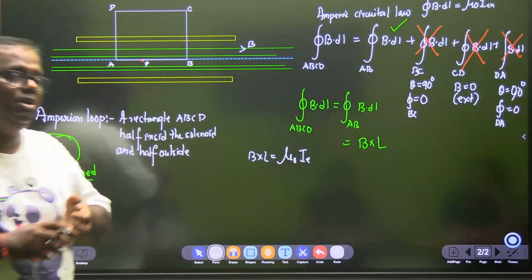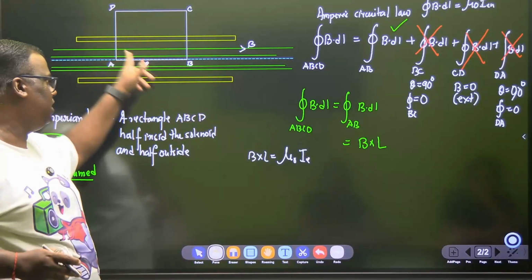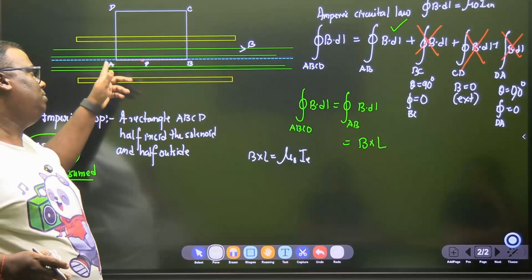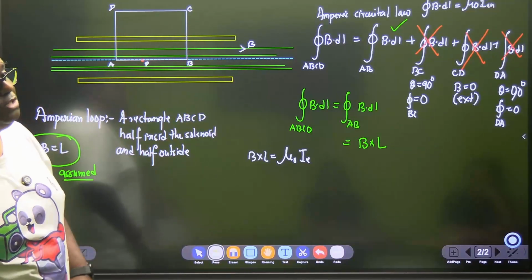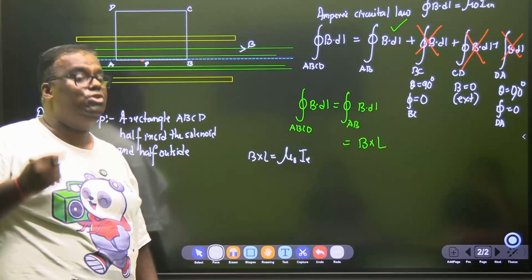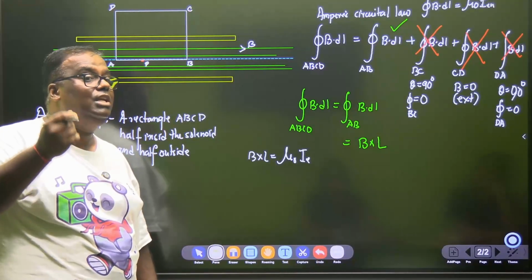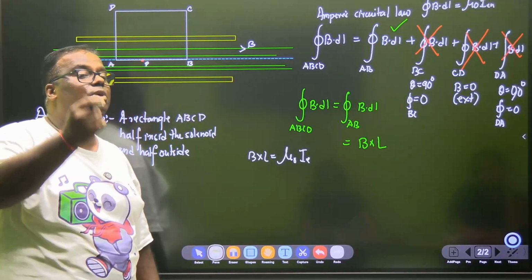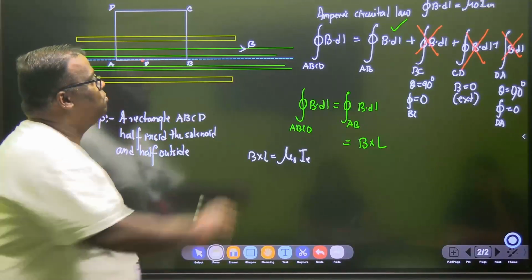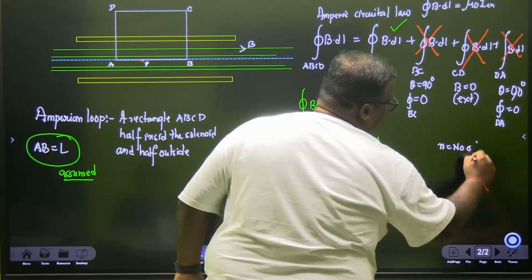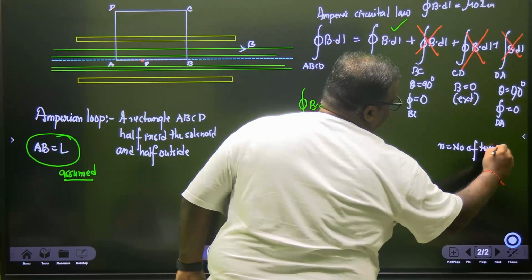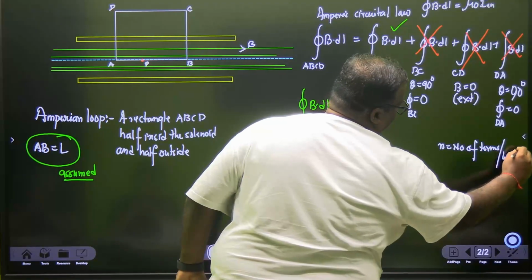My job will be to find how much current is enclosed here, which is given by how many loops you have enclosed. And what is small n? Small n tells you how many turns per unit length. Small n was always the number of turns per unit length.